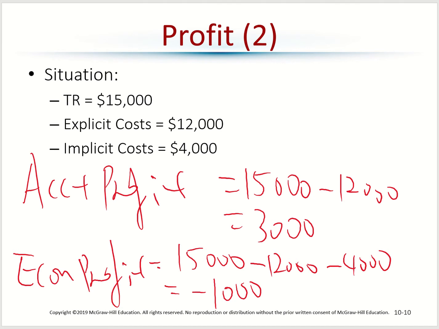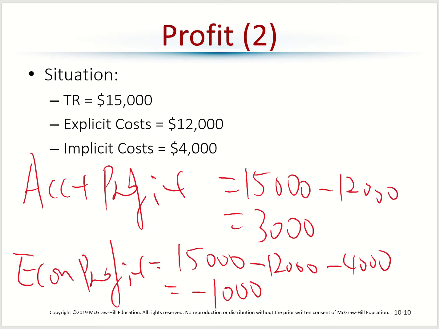One example of this: imagine right now I have a full-time job. Let's say I'm teaching, and my monthly salary is $4,000. Then let's suppose I want to quit my teaching job and open a business, a restaurant.